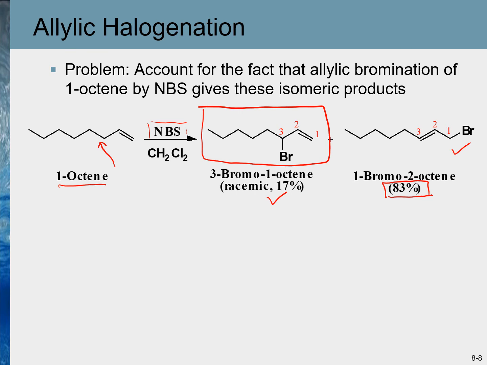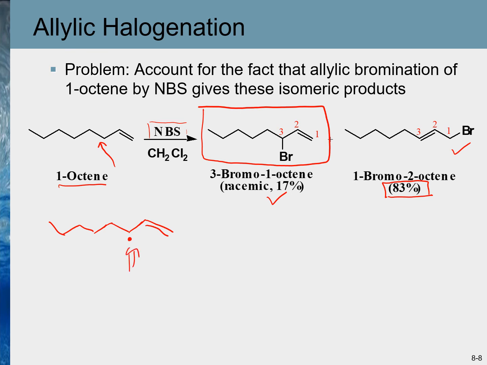Now, the explanation of this problem comes from the fact that before the bromination step, this reaction generates an allylic radical, a radical where the allylic position has the radical electron. So in this reaction, during the propagation step, this radical will form, and the radical is at the allylic position.